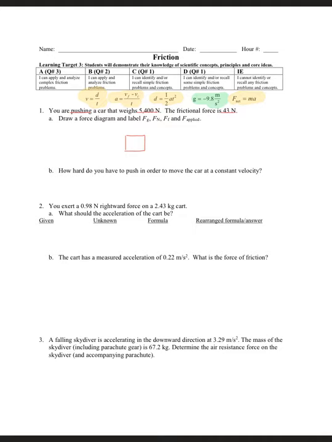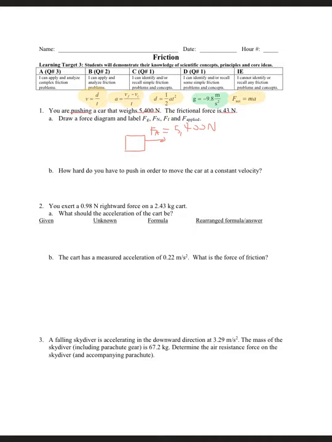So if I'm pushing an object, I'm going to say that I'm pushing the object to the right. So there's an applied force here. And the force is applied because, again, we're applying the force. We are pushing it. And that force is equal to 5,400 newtons.